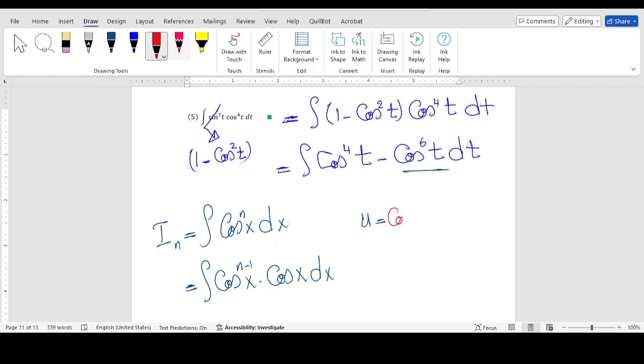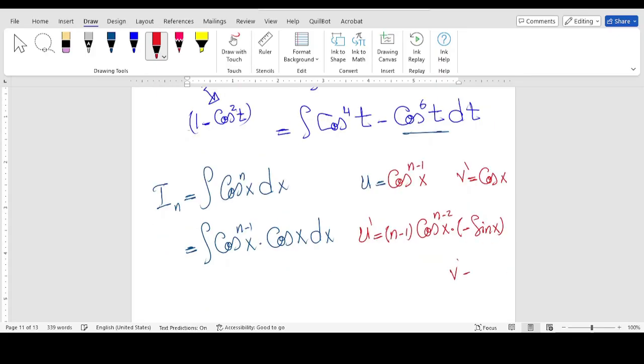U will be cosine to the power n minus 1 x. U dash will be the derivative of cosine to the power n minus 1, which is n minus 1 times cosine to the power n minus 2x times the derivative of cosine, which is negative sine x. V dash equals cosine x.